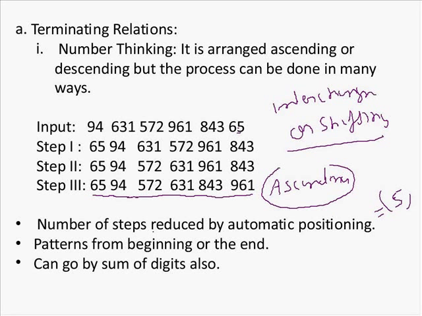Here you observe, 94 has come automatically in its position. After that, 572 comes here. 631 has also come in automatic position. So 94 and 631 are coming in automatic position, and therefore 2 steps have reduced.